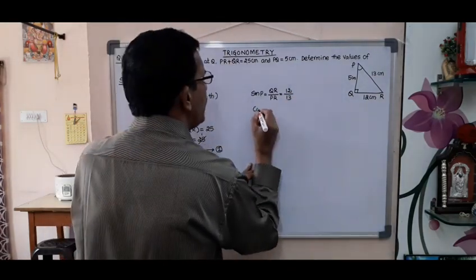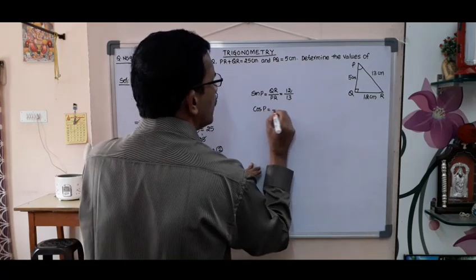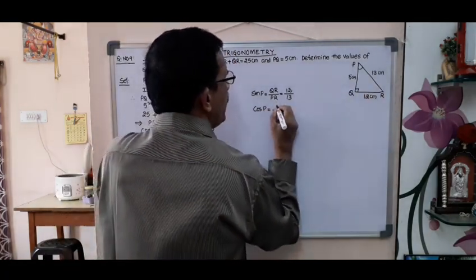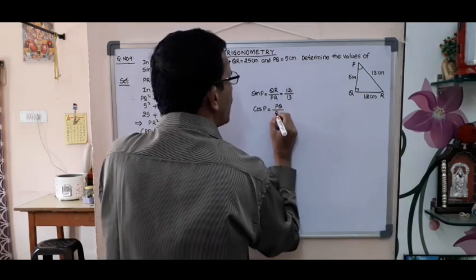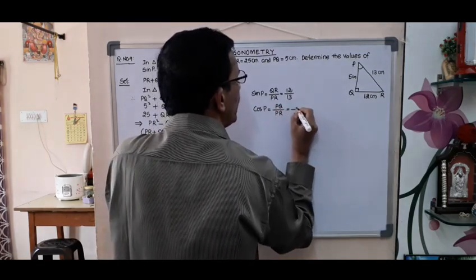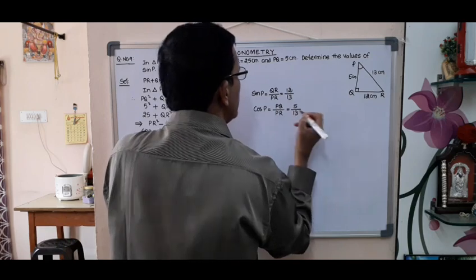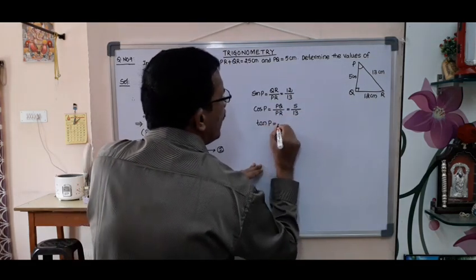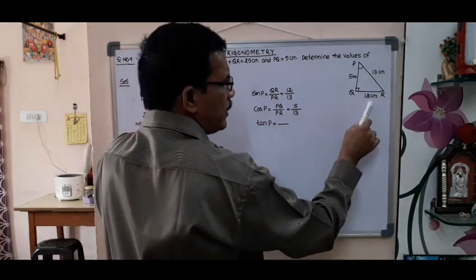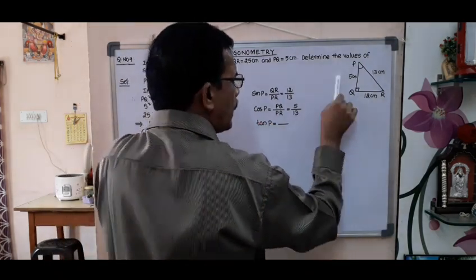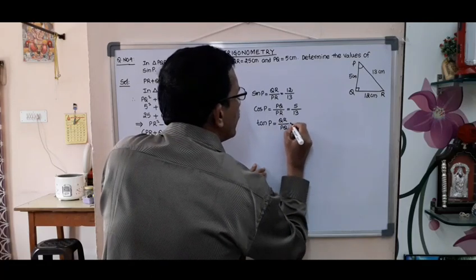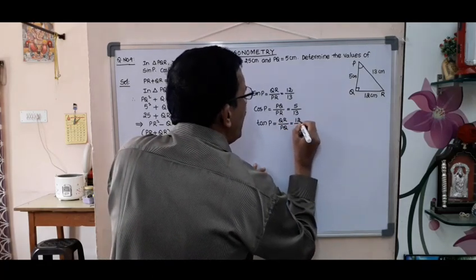Now cos P, cos definition, adjacent by hypotenuse, PQ by PR. PQ length is 5, PR length is 13. Tan P, tan definition, opposite by adjacent, QR by PQ, that is equal to 12 by 5.